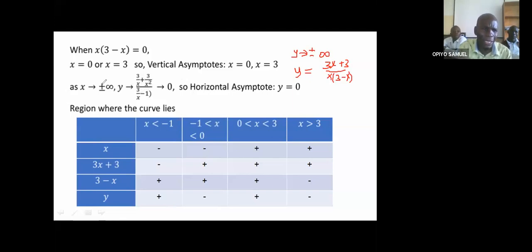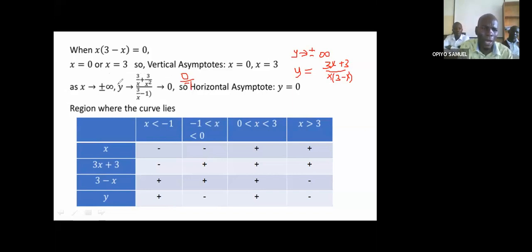So as x becomes large, the denominator will be 0, and so we shall now have 0 out of negative 1. And 0 out of negative 1 is 0.